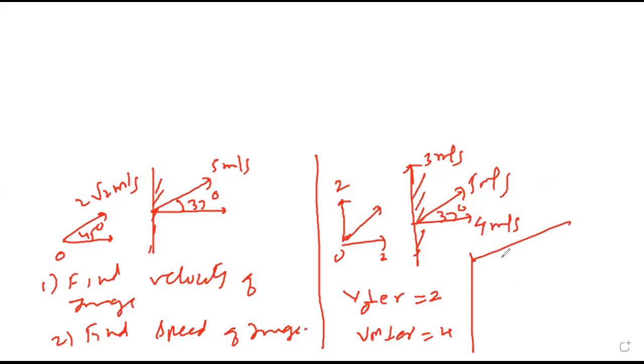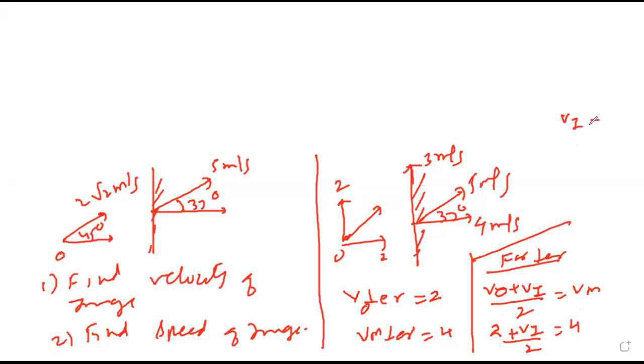Now for perpendicular, V object plus V image upon 2 is V mirror. Object is 2, image I don't know, mirror is 4, so image will become 4 twos are 8 minus 2, so V image perpendicular is 6.